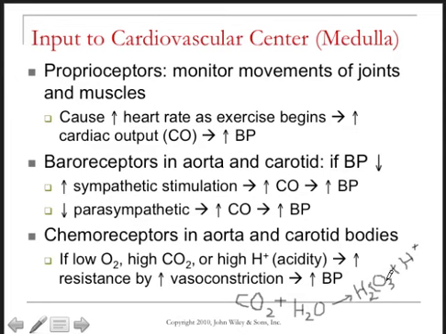This is the carbonic acid. These are the protons. This is what lowers the pH. We're basically saying that we're forming more carbonic acid, which is now dissociating here into H plus and bicarbonate, HCO3 minus, and it's the H plus that lowers the pH.